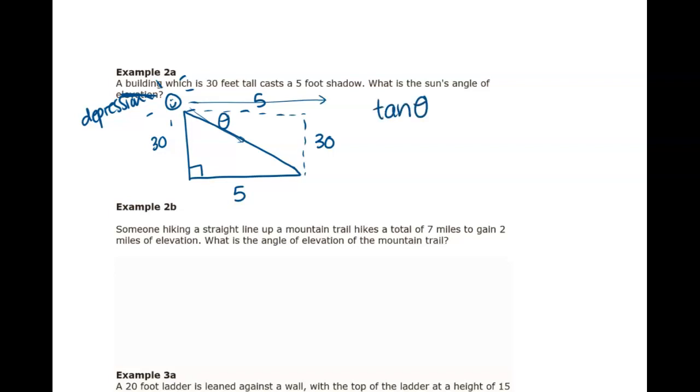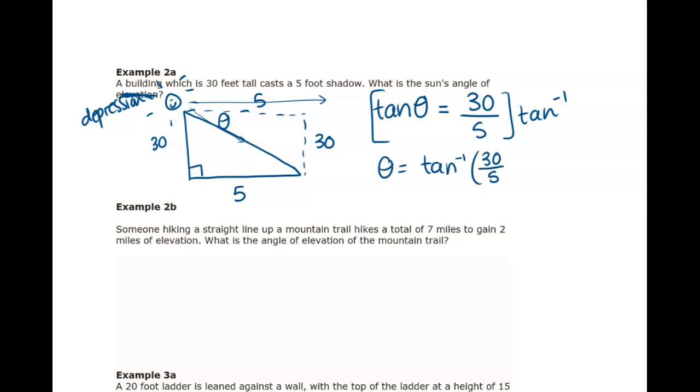So tangent of theta equals 30 over 5. Cancel out tangent with inverse tangent. So theta is inverse tangent of 30 over 5, which is equal to 80.54 degrees.